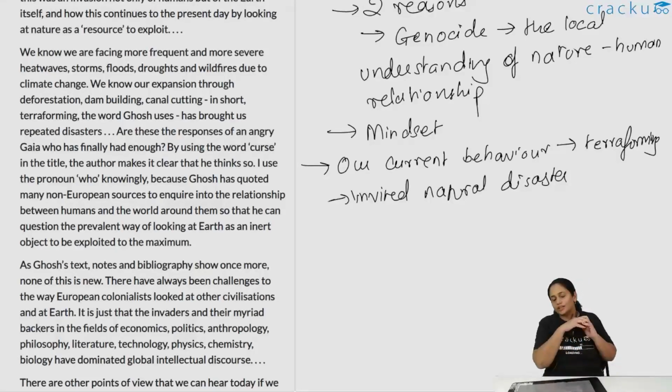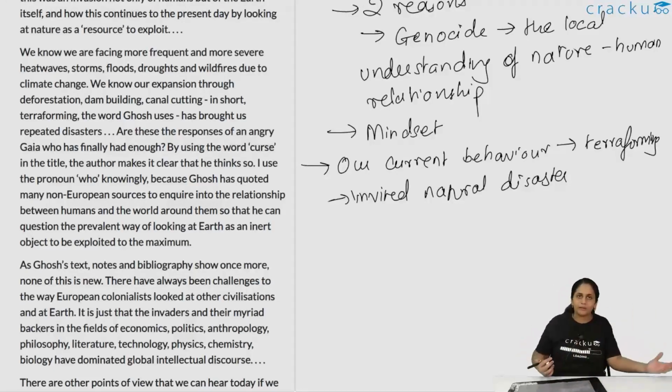Now, once you remove that personification, you are looking at Earth as a resource to be exploited, an inert object that can be treated whatever way you want. And both Ghosh as well as the author of this passage purposefully refer to it as a person to reverse this bad mindset that we had used to exploit Earth.